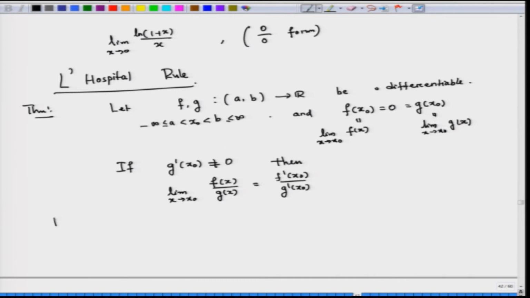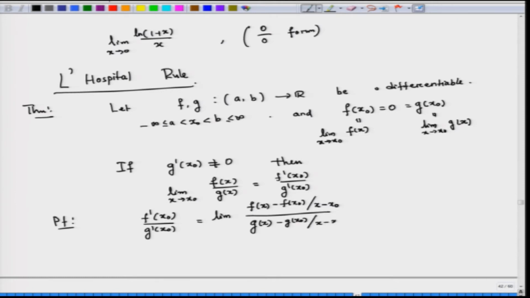Okay. So, the proof is not very hard, simple. If I write f prime of x naught by g prime of x naught, this is equal to the limit of f of x minus f of x naught divided by x minus x naught, divided by g of x minus g of x naught divided by x minus x naught.